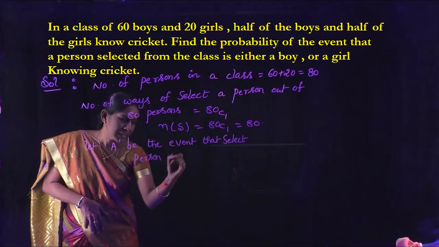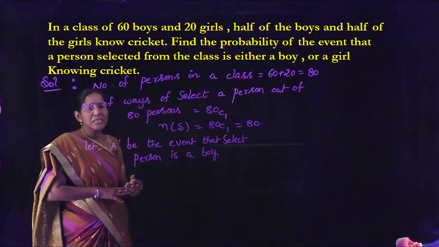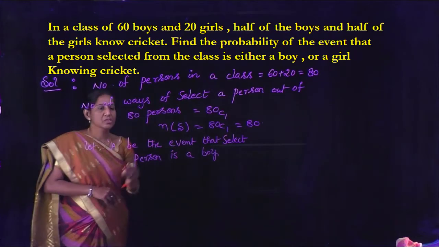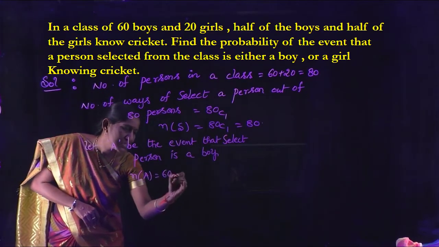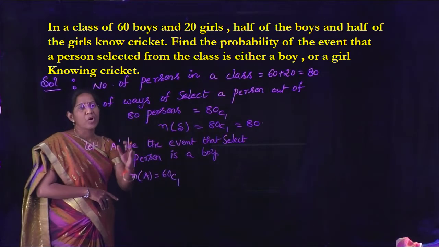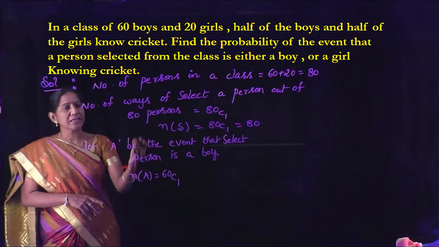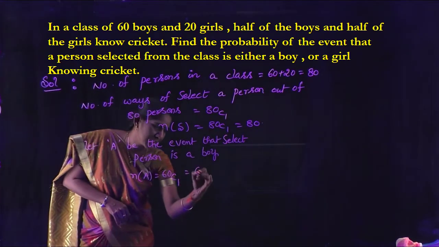In a class there are 60 boys. So, N of A is equal to 60 C1. Out of 60 boys, select a boy. This is 60 C1 ways, that is nothing but 60.